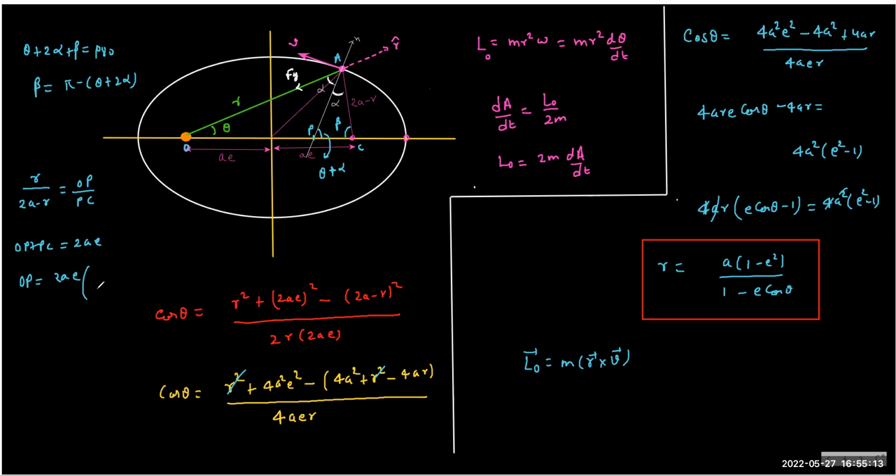It is Rupon 2A of this, right? So that's very interesting. So OP is ER. Cool. So PC is how much? This will be the difference.